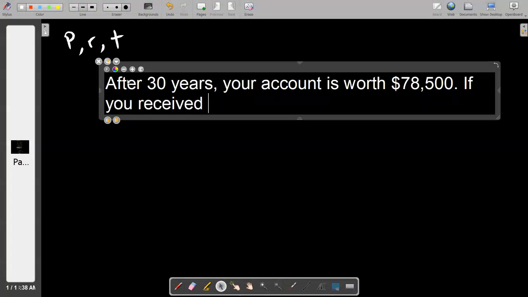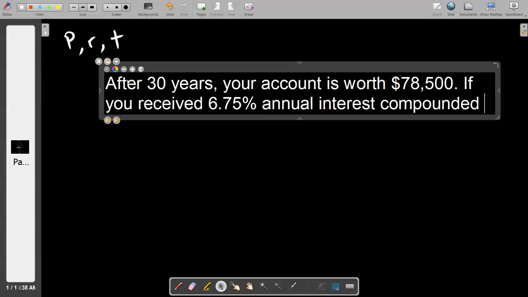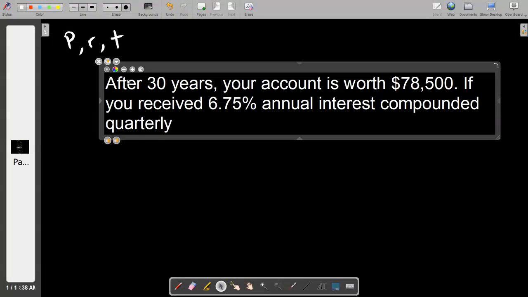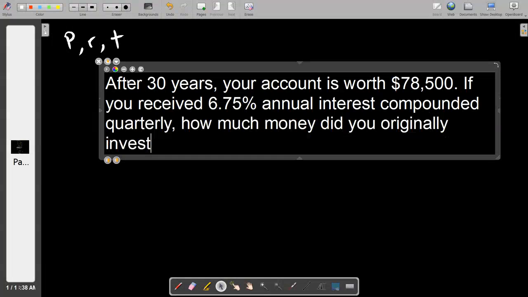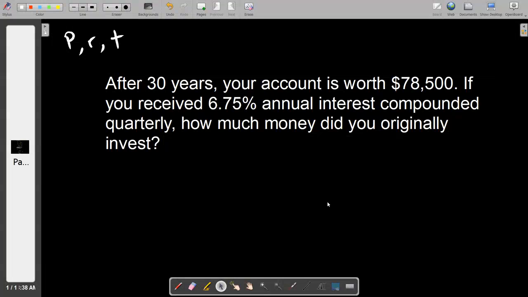If you received 6.75% annual interest compounded quarterly, what money did you originally invest?